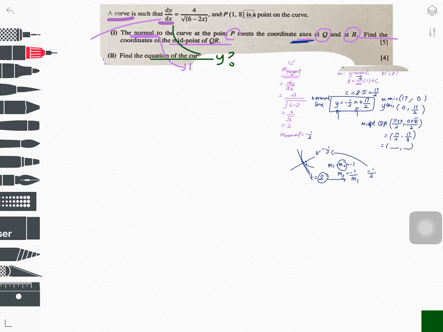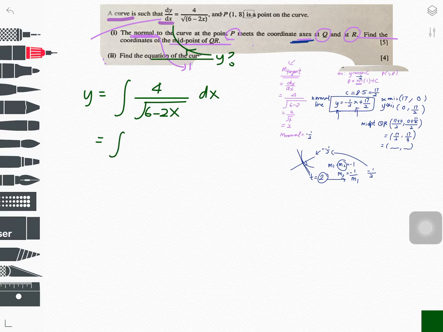From the dy/dx, how to convert into a y? What is the process? You integrate. Integrate 4 over the square root of 6 minus 2x, dx. It looks ugly, the down part, right? I don't have product or quotient rule in integration.